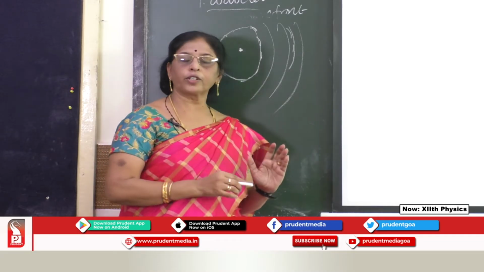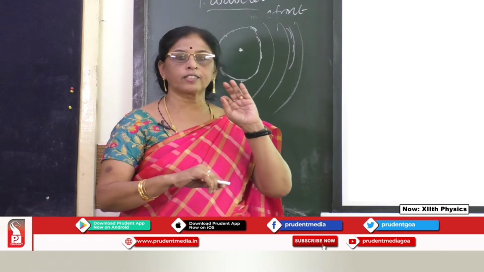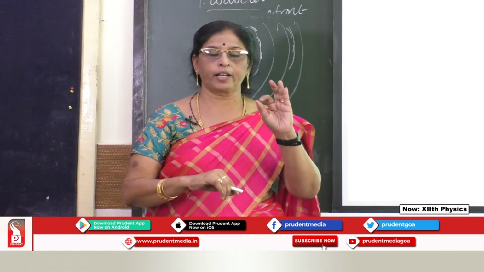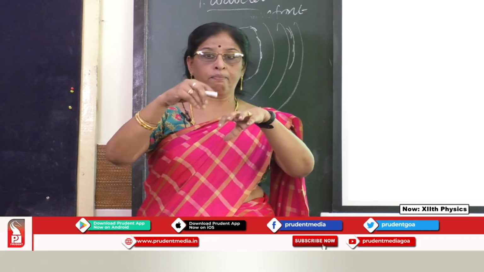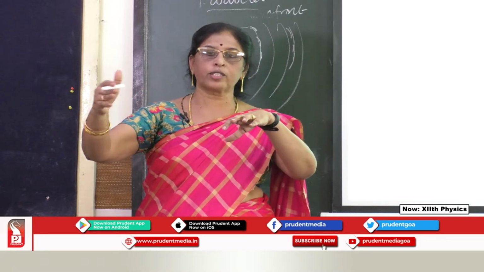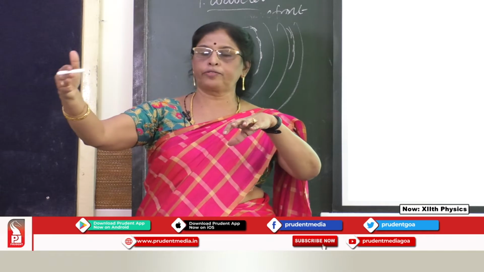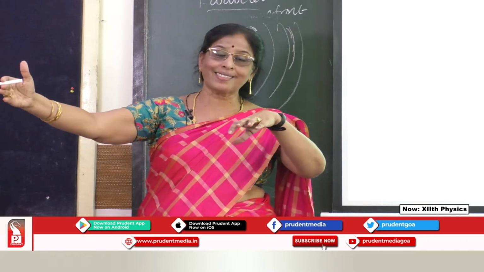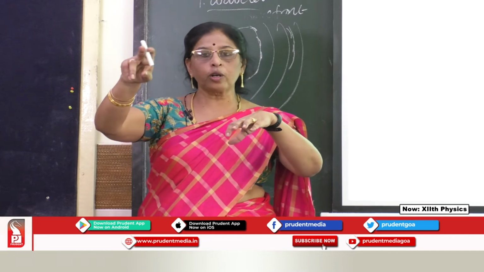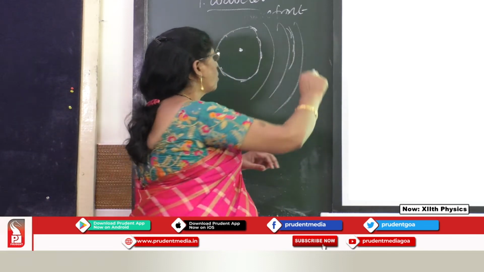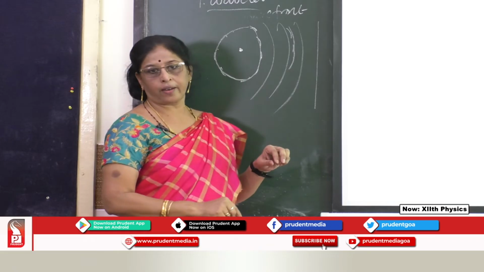Even when water is disturbed by a stone, close by you can see a nice circle coming out. But when you keep moving to the second circle, third, fourth, at a distance from the disturbance, you cannot make out a circle. You can see only a part of a wave.